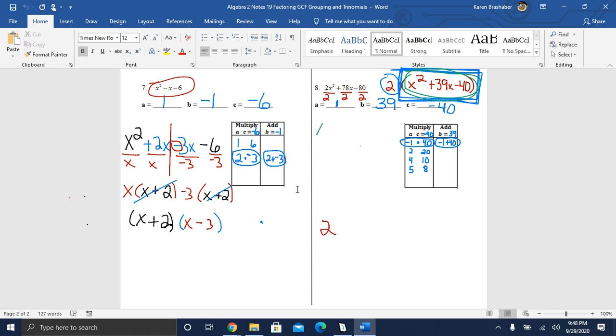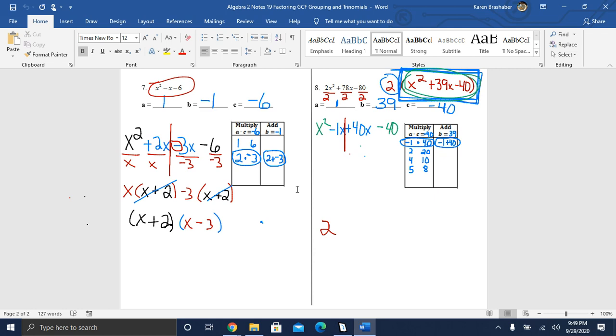So we're going to go x squared and then use what we found in our table, minus 1x plus 40x, and then back up to our blue and green box here, minus 40. And we will draw that cut line so that we can separate our terms.